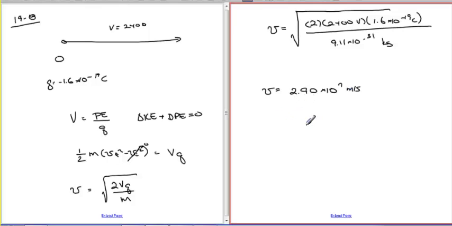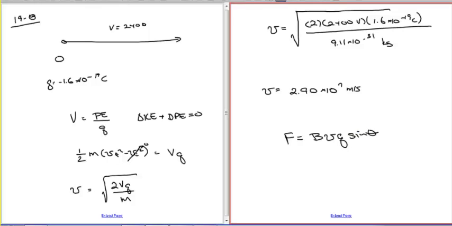Now, it asks for the maximum and minimum magnetic forces, and that all depends on the angle between them. So the maximum is just equal to the magnetic field strength times the velocity times the charge, times the sine of theta.